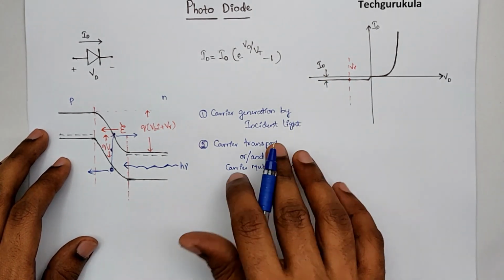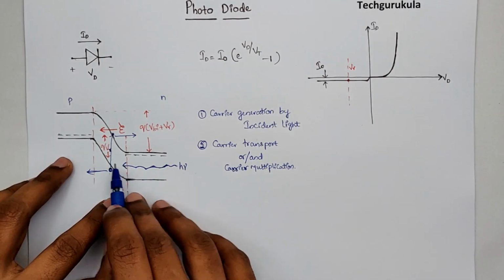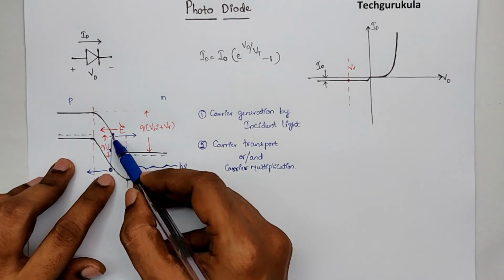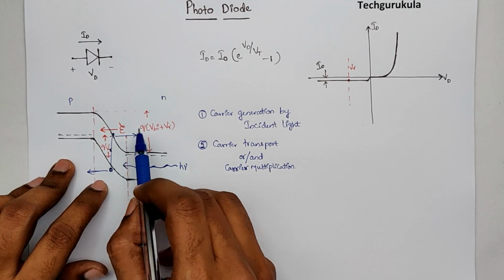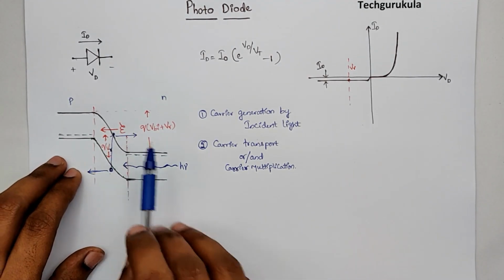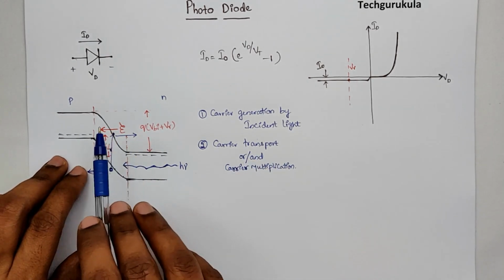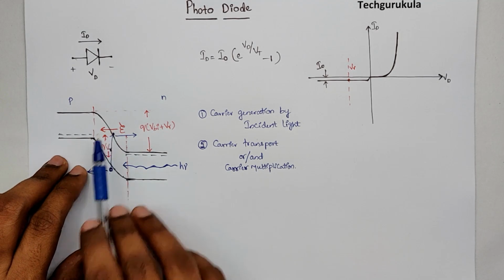Let's not get into that detail at this point. The incident photon has created electron hole pairs in the depletion region where the electric field is present, which separates them. The carrier transport is taken care of by the existing electric field in the depletion region.